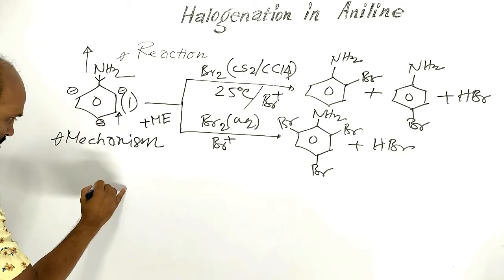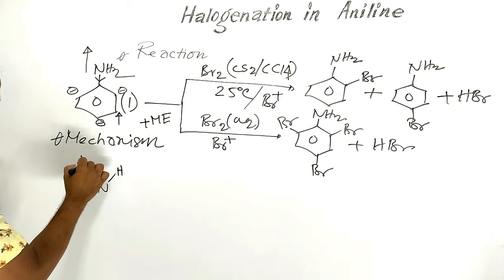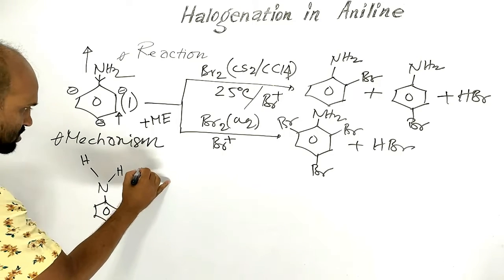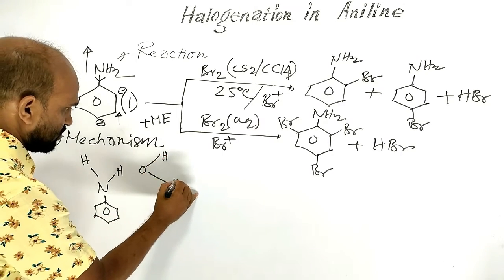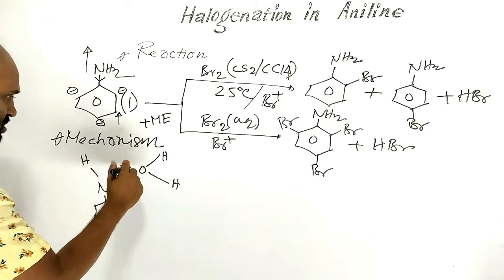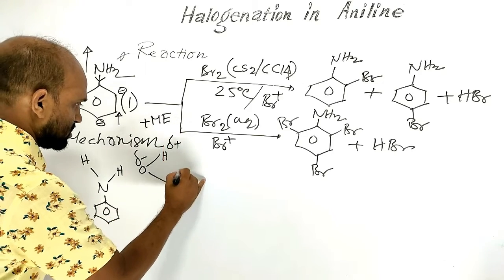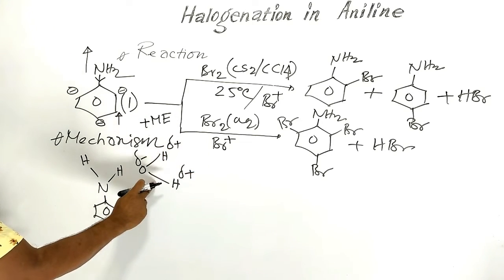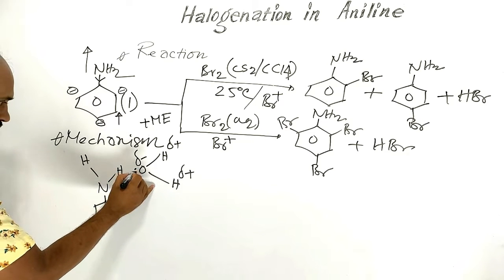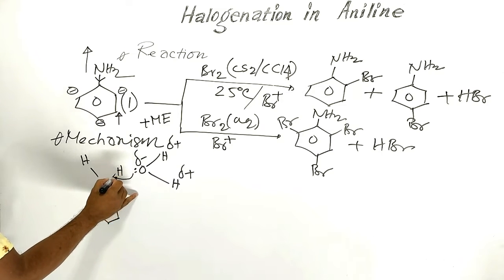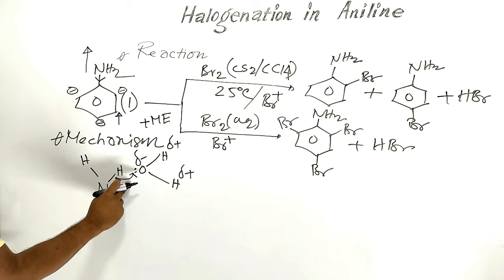In this way, aniline, here the polar solvent water is used. Oxygen is negatively charged, hydrogen positively charged, this hydrogen positively charged. That is, it's a kind of polar solvent. Here, electron density increases around oxygen. That is why electron repulsion occurs.